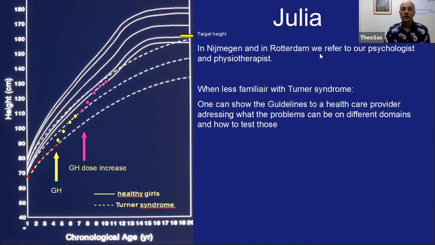So we have the opportunity in our expertise center in the Netherlands that we have a psychotherapist, a physiotherapist, and a psychologist. But when you don't have that, you can use the guideline, because the guideline addresses the problems and shows the different domains and how to test it. So even when the experience is not there, you can use the guideline for this.